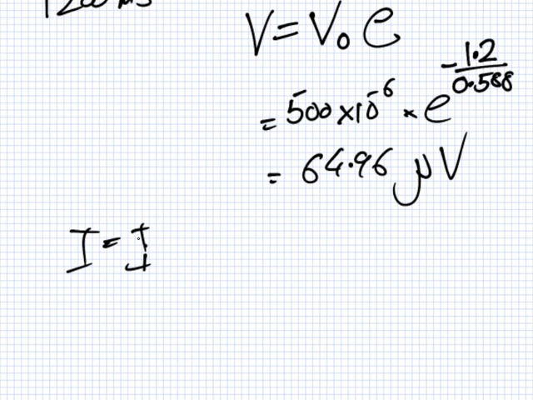So then V over R. What's the V? 64.96 times 10 to the minus 6.